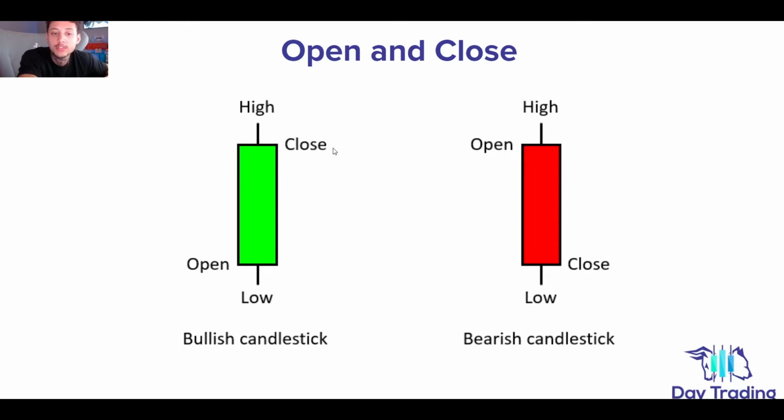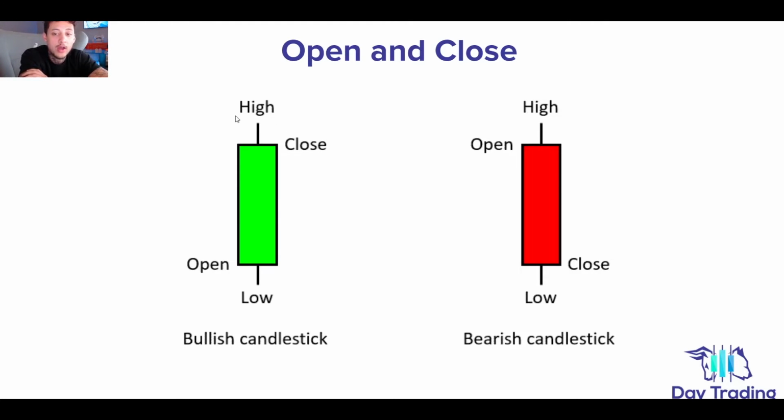So if gold closed at 1701, let's just say on the daily time frame, the next candlestick will open up at 1701, and you have to wait 24 hours in that situation for the next daily candle to actually close, right?